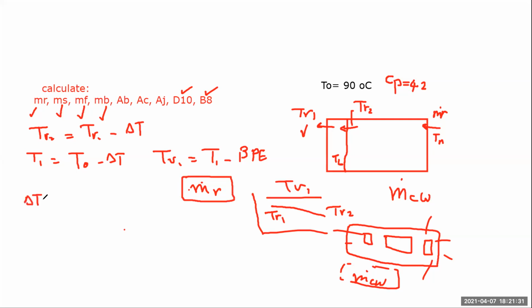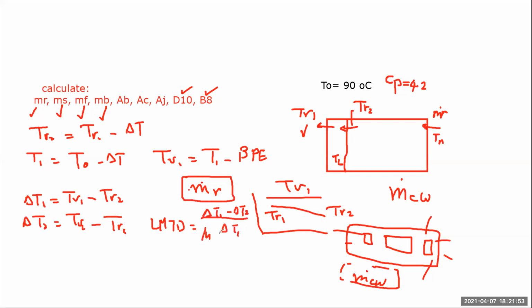Accordingly, delta T1 is TV1 minus TR2. Delta T2 is TV1 minus TR1. The log mean temperature difference is nothing but delta T1 minus delta T2 over ln of delta T1 over delta T2.